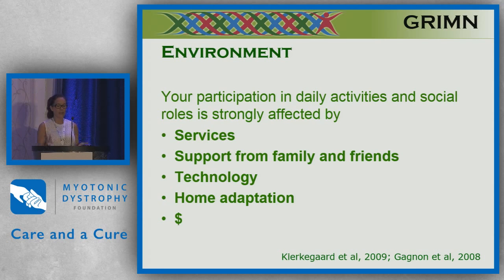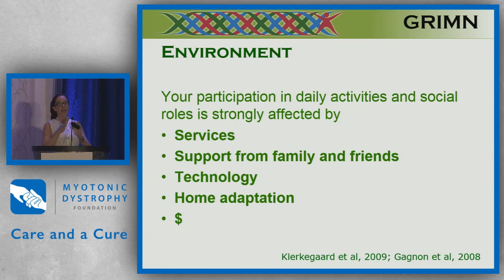Before I go to the practical tips, as an occupational therapist, I'm very conscious of the environment you live in. It's really important because it will also affect your participation. For example, in Canada we have a lot of services that are free, which may be more difficult to access in the US.